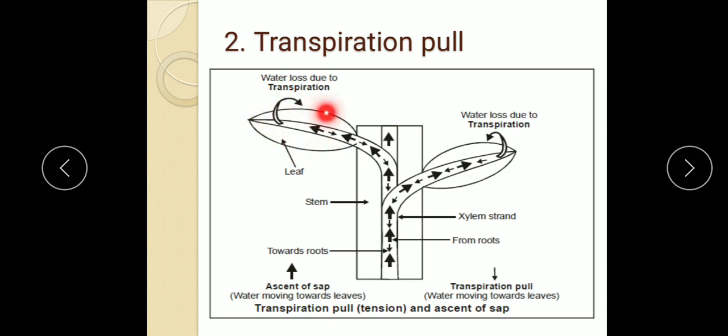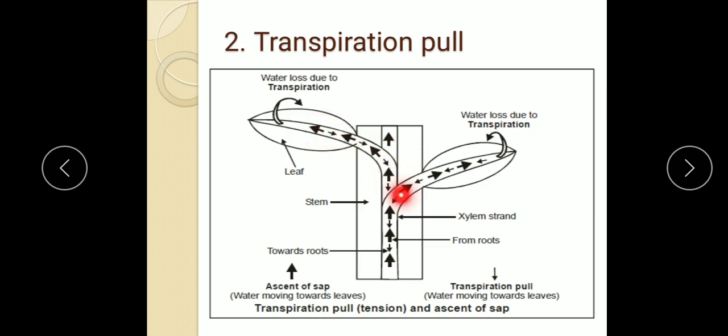That leaf contains stomata that you have studied. Through the stomata, water vapor comes out. Okay, so the leaf cells become deficient in water. So the concentration of water becomes less in the leaf cells. Then what happens, when the concentration of water in leaf cells is less, then it will draw water from the other cells, that is the branches.